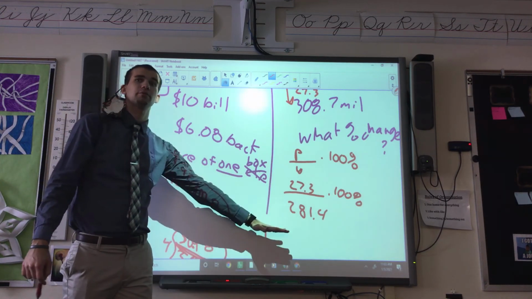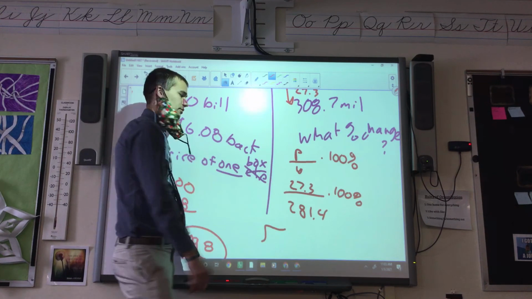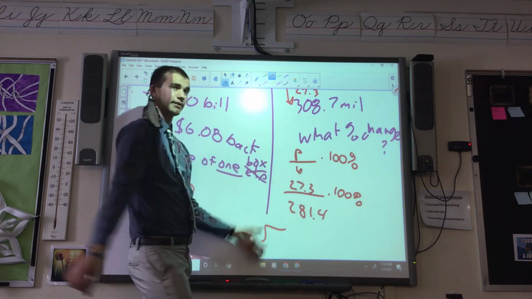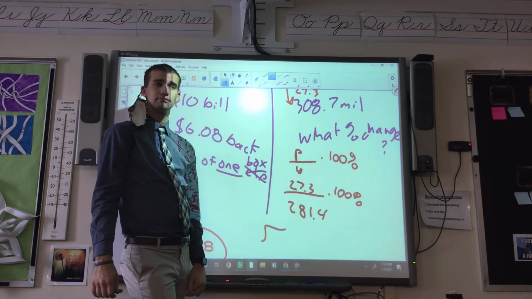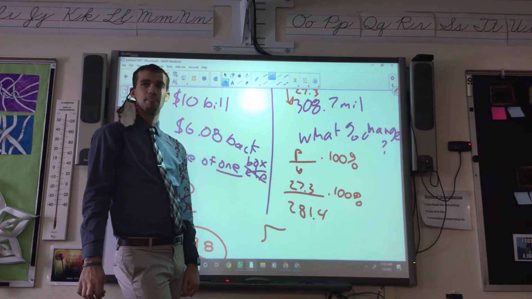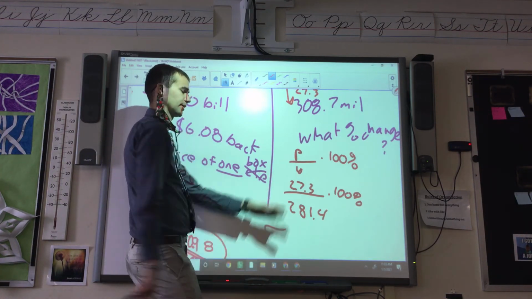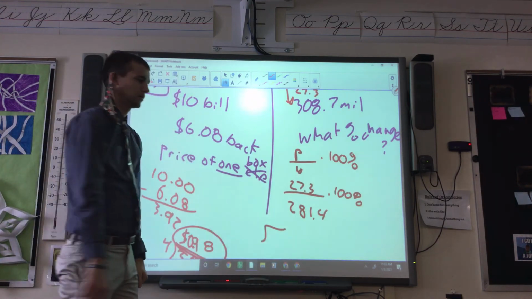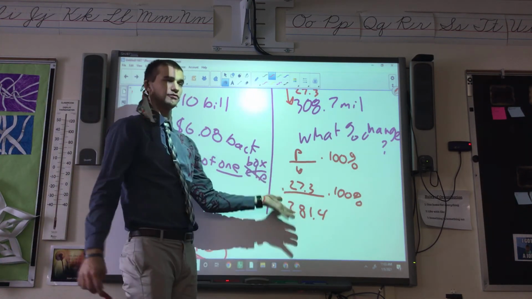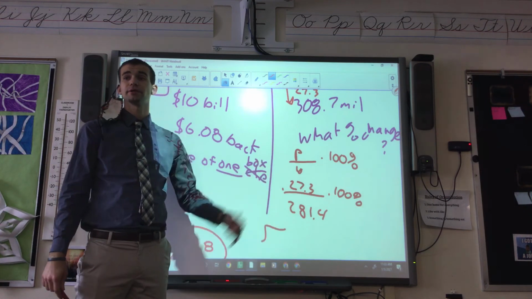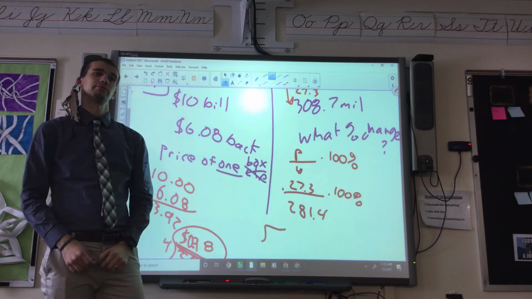Here you would shift the decimal point. So it's like you're multiplying by what on the top and the bottom? I said, what are you multiplying by on the top and the bottom? Because remember, if you shift the decimal points, you have to multiply by a number on the top and the bottom. What's that number?